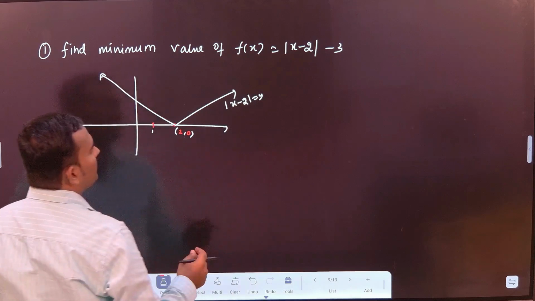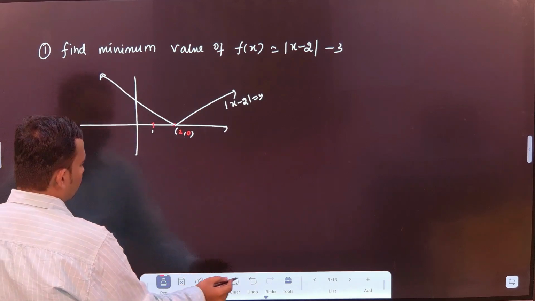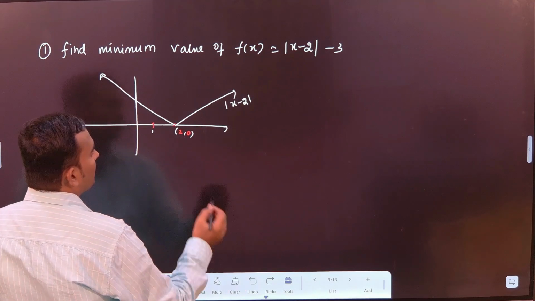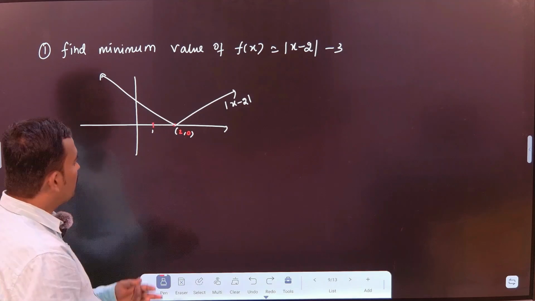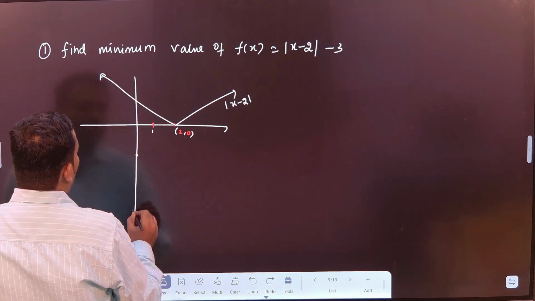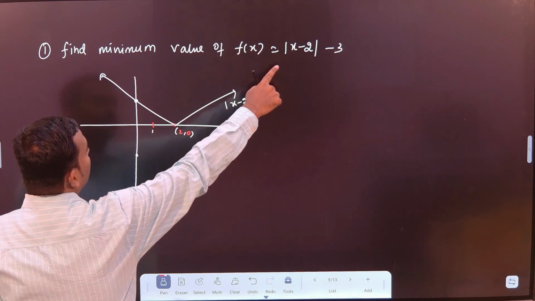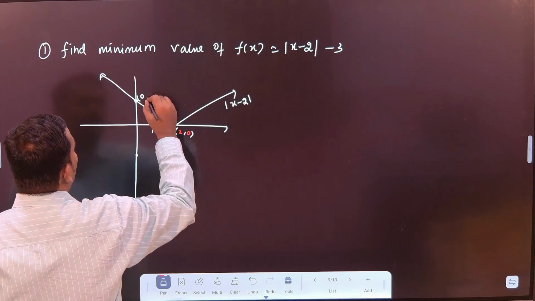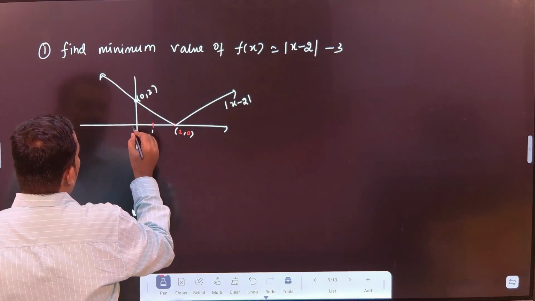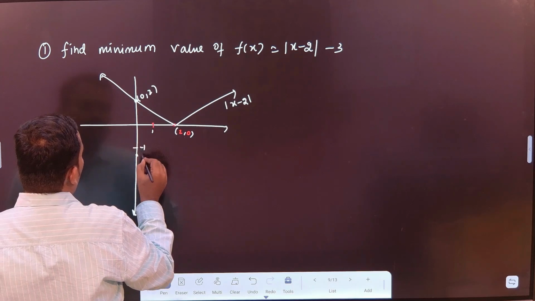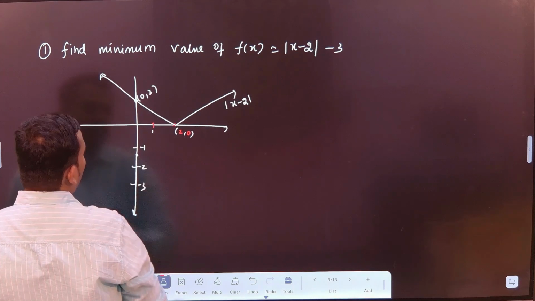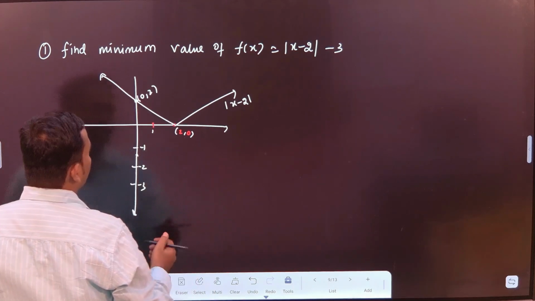Then you can see, minus 3 means what? You shift 3 units down. So what is the x, y intercept? Y intercept, you can see, put x is 0, 2, that is 0 comma 2, right? So here will be minus 1, this is minus 2, this is minus 3. So 3 units shift down.